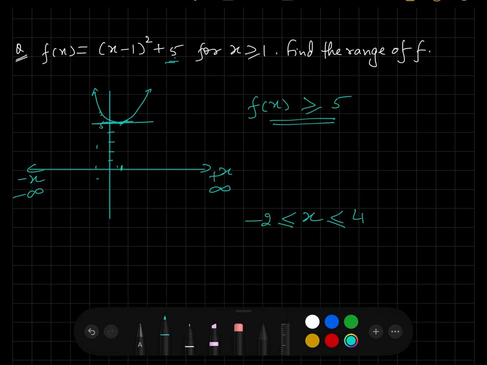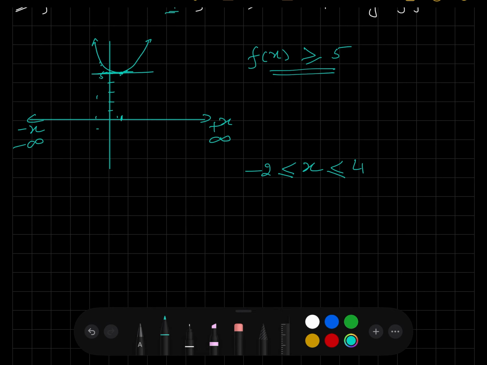So you have been restricted to only these values, from negative 2 to positive 4. You have to see your graph in that particular domain only, and see what the output is in that domain. That would be the range of the given function.